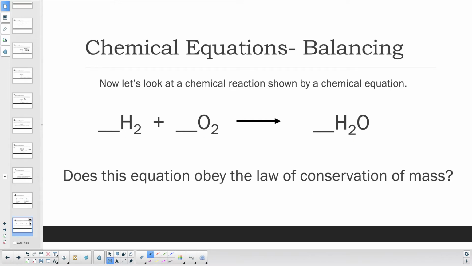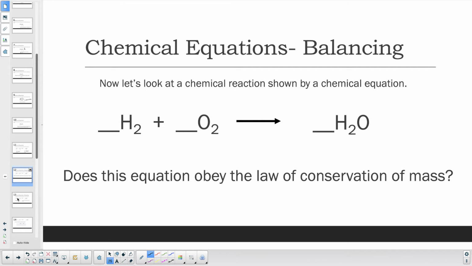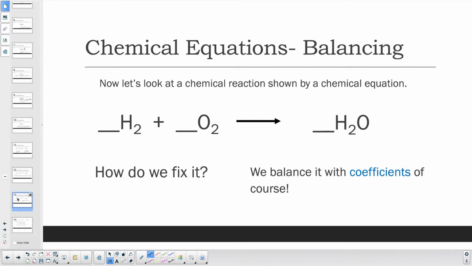Now we want to ask ourselves, when we look at an equation, is everything balanced? What that means is, does the equation obey the law of the conservation of mass? Remember, what goes in has to come out. There has to be a balance between the left and the right sides. So the way that we do this, I'm going to give you a really systematic approach. Okay?